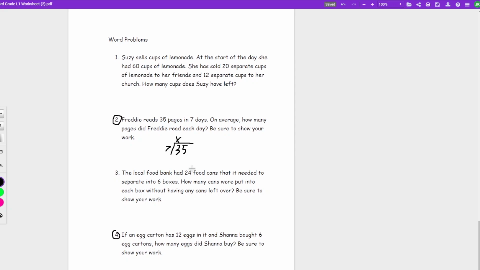If you memorize your multiplication tables, you should know that the answer is 5. 5 7's going into 35. So our answer is going to be 5 pages per day.